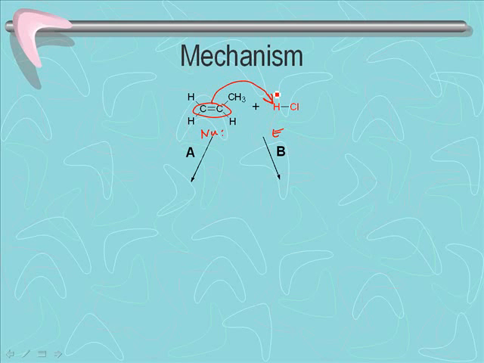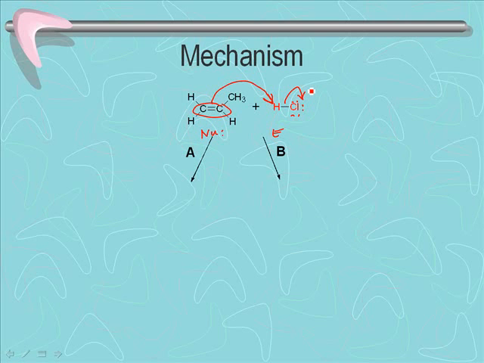Now, hydrogen can only have one bond to it in normal structures, and as a result, something has to give in this HCl molecule to be able to proceed to a reaction intermediate. And that is that the hydrogen-chlorine bond must break. We can form two possible structures from this.